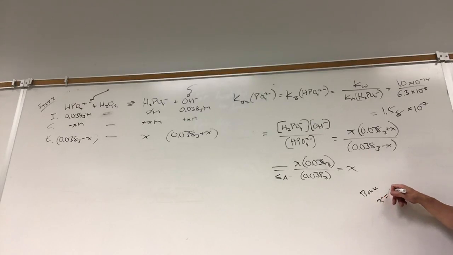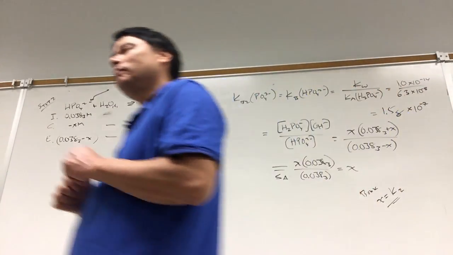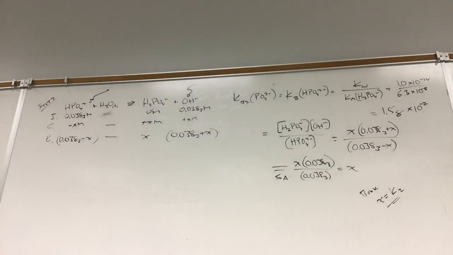For the second step, x is equal to K2. Right? And so the book will say, oh, x is just equal to K2. You see that? Step 2. But this would have failed for sulfuric acid. It worked for phosphoric acid, but it doesn't always work.